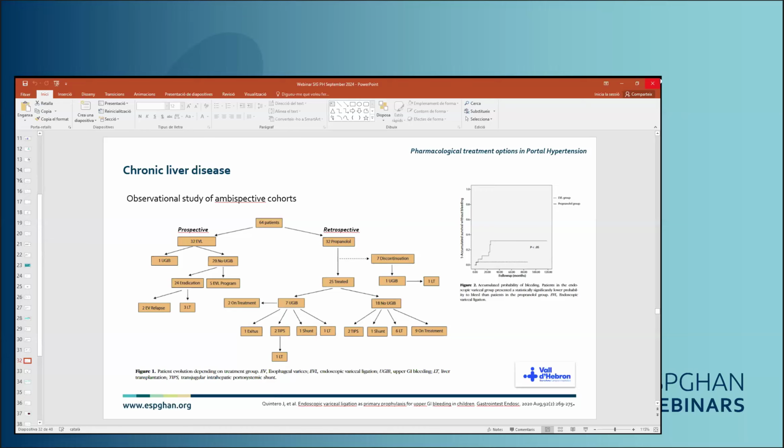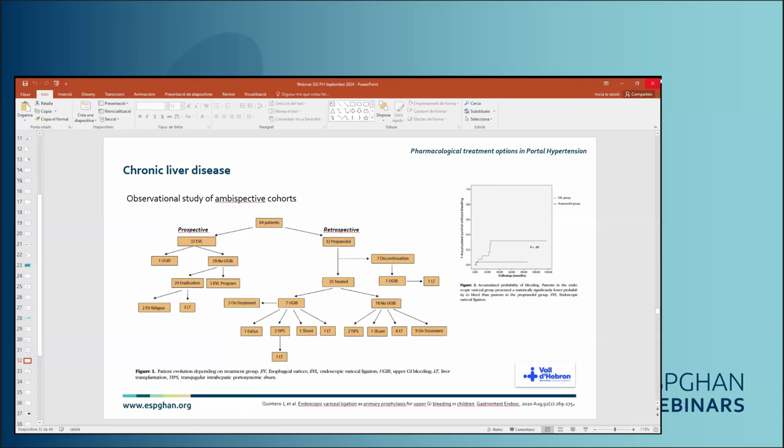This is a study that we published a few years ago, an ambispective observational study with 2 cohorts comparing what we did before, primary prophylaxis and secondary prophylaxis using just endoscopies, or the prospective group of patients, retrospective with propranolol and prospective using endoscopies.